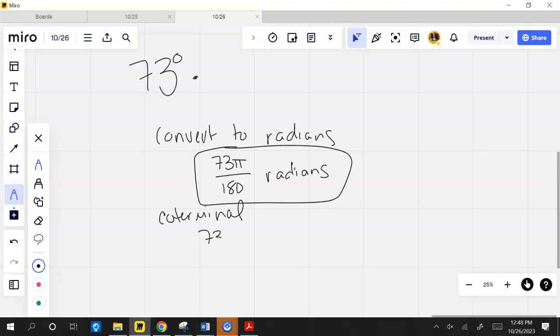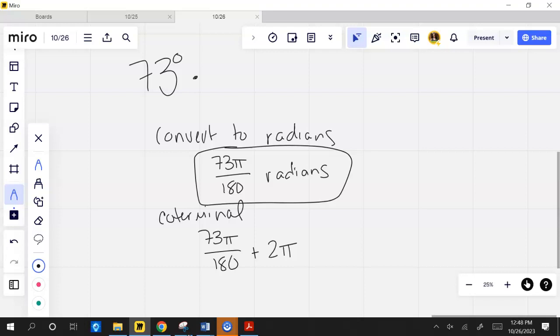Now if I do coterminal, 73 pi over 180 plus 2 pi. Your unit circle test will be non-calculator, but for right now, these are not angles on your unit circle. These are just random angles that I'm giving you.